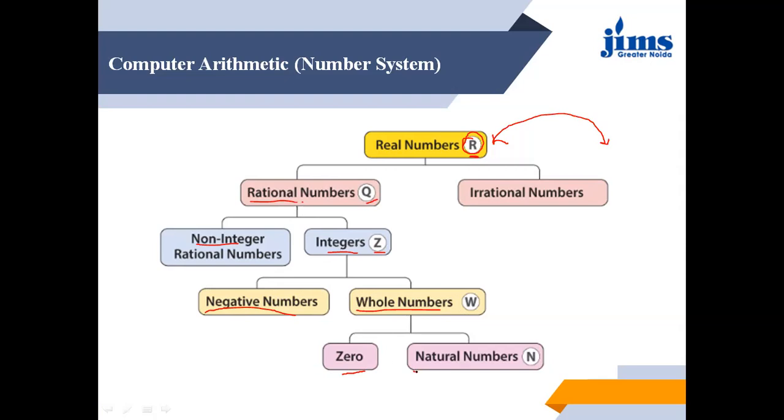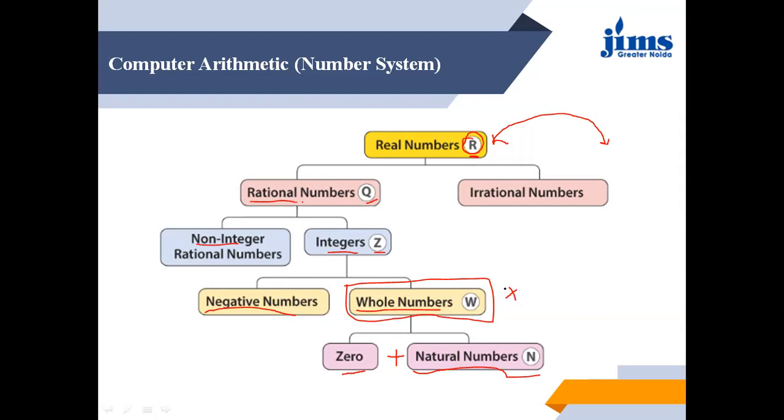We study natural numbers daily in our life, and if we add 0 to the natural number system, it is the whole number system, represented by W. These are all positive number systems.